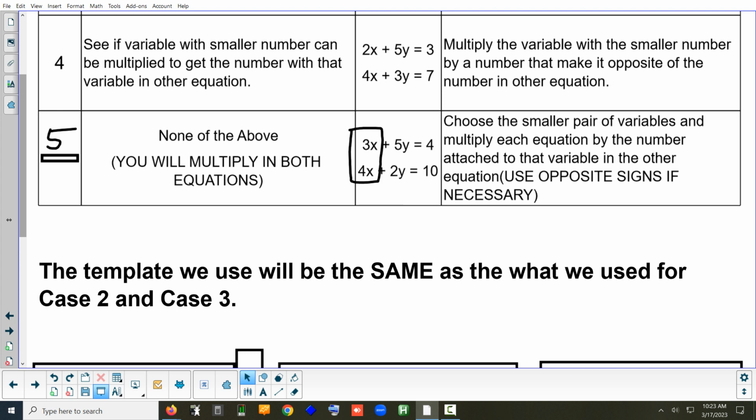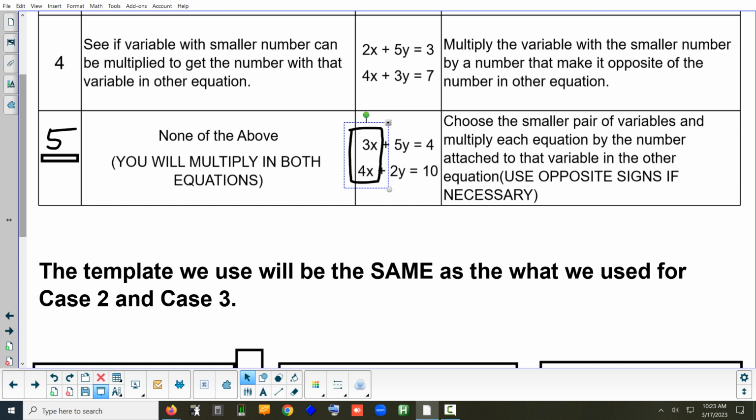What you're going to do is multiply each equation by the number from the other equation. Well, what does that mean? The top equation is going to get multiplied by a 4, and the bottom equation is going to get multiplied by something with a 3.